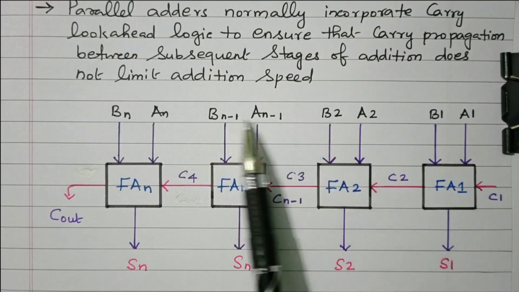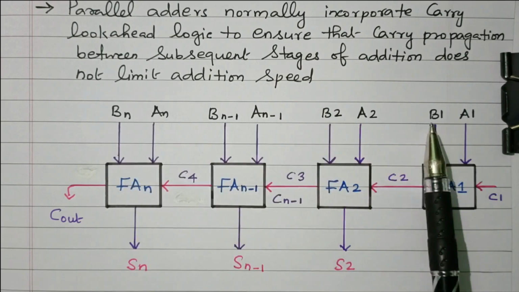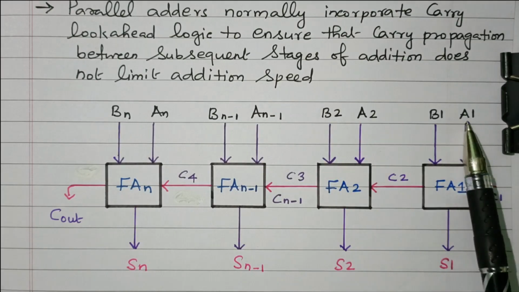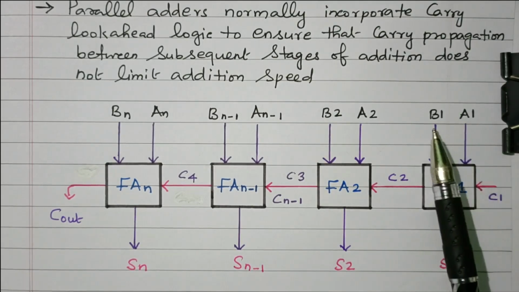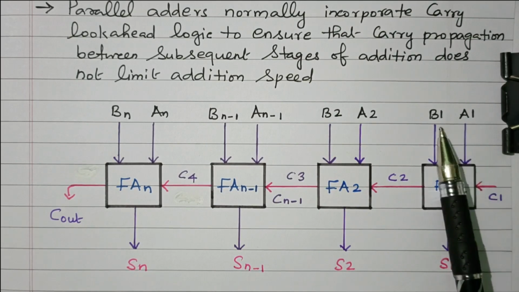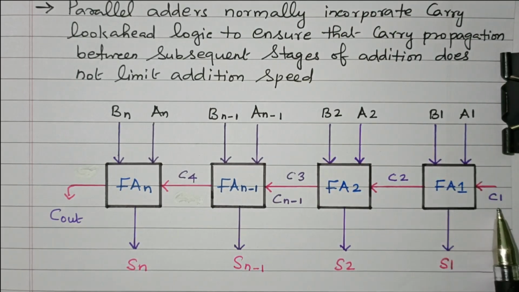Similarly, B1, B2 up to Bn are the digits of the second number. So A1 and B1 are added by the full adder with the carry input, the carry from the previous digits. Maybe you can make carry C1 equal to 0.